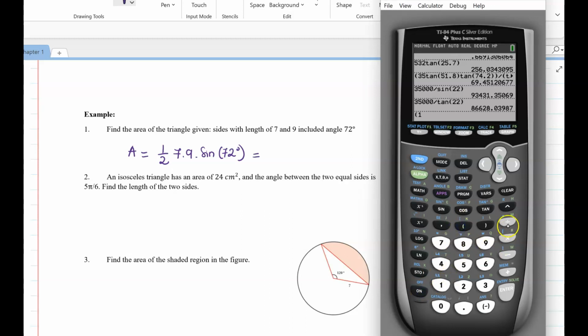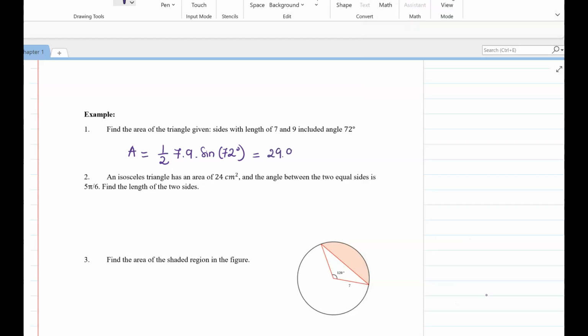So 1/2 times 7 times 9 times sine of 72 degrees. The area of this triangle is 29.95 or 96. Let's round it to 2 decimal places. So 29.96 units squared.